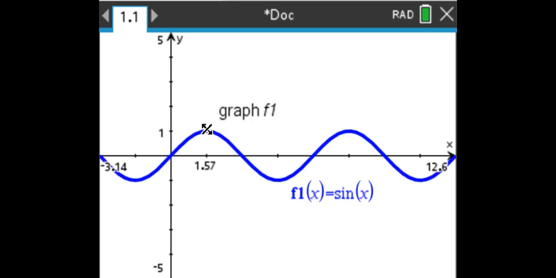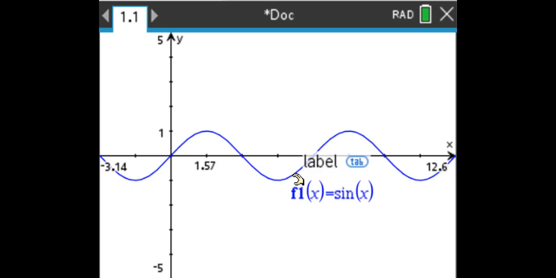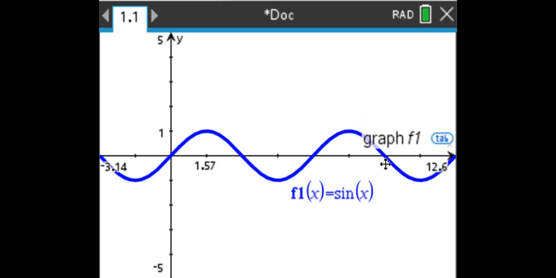At pi on 2, my y-coordinate is 1. At pi, my y-coordinate is 0. At 3 pi on 2, my y-coordinate is negative 1. And then at 2 pi, my y-coordinate is 0. I'm back at the beginning. And then I rotate around that unit circle again.